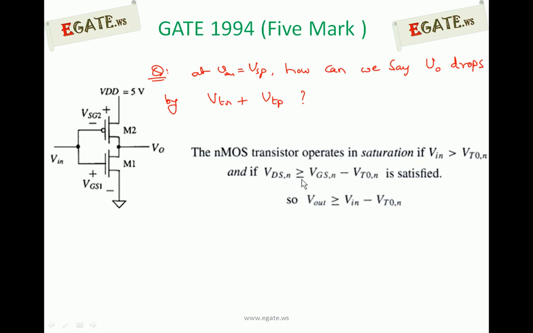VDS is the drain to source voltage of M1, which is nothing but V0. So we can write finally V output should be greater than or equal to V input minus VTN, because VDS for NMOS is V0 and VGS for NMOS is nothing but V in.